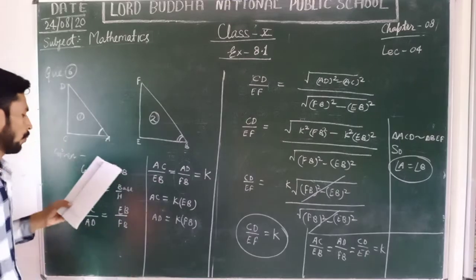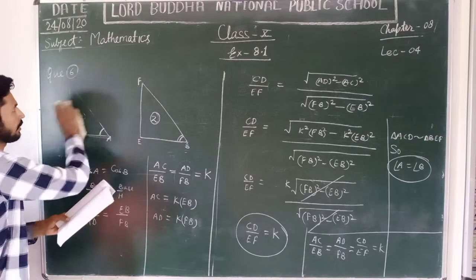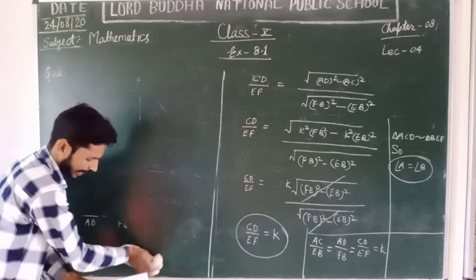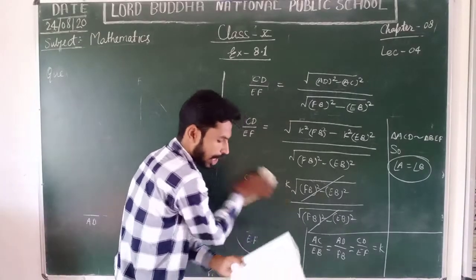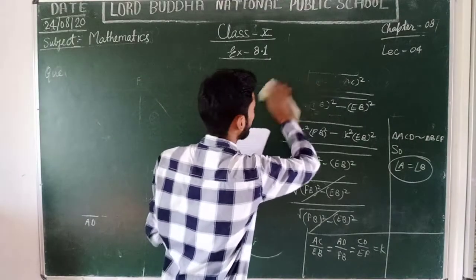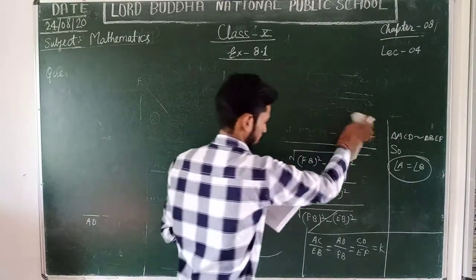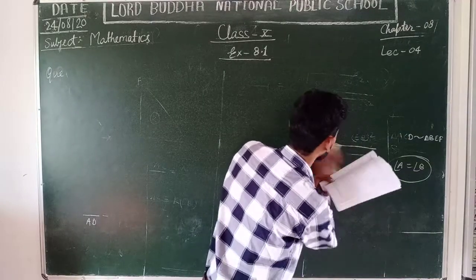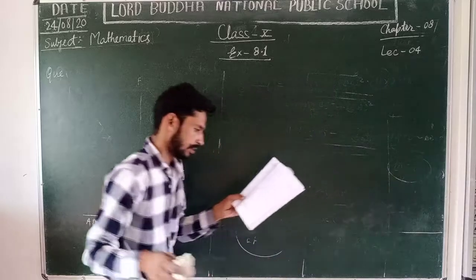Now we are going to solve question number 7. In question number 7, it is given that cot theta equals 7 by 8.